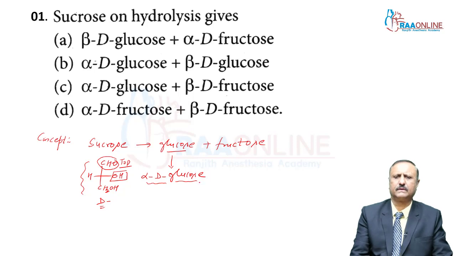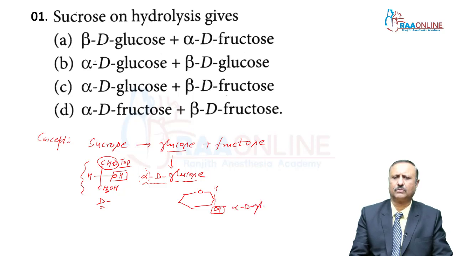So my dear students, this is D glucose, alpha D glucose. And what is the alpha? When you see cyclic compounds, the structure of this glucose we can write in this way. Here H is present on the top and OH is present on the bottom. When the OH is present at the bottom, then it is called alpha.